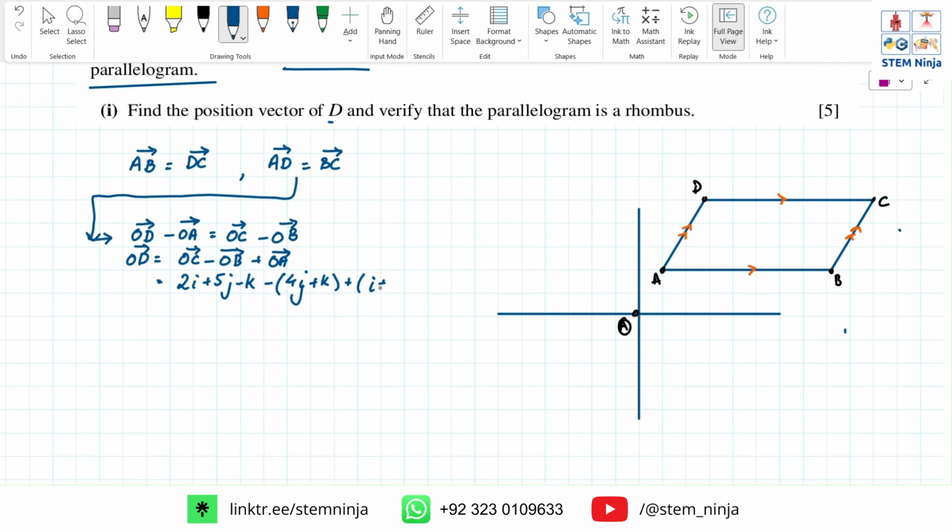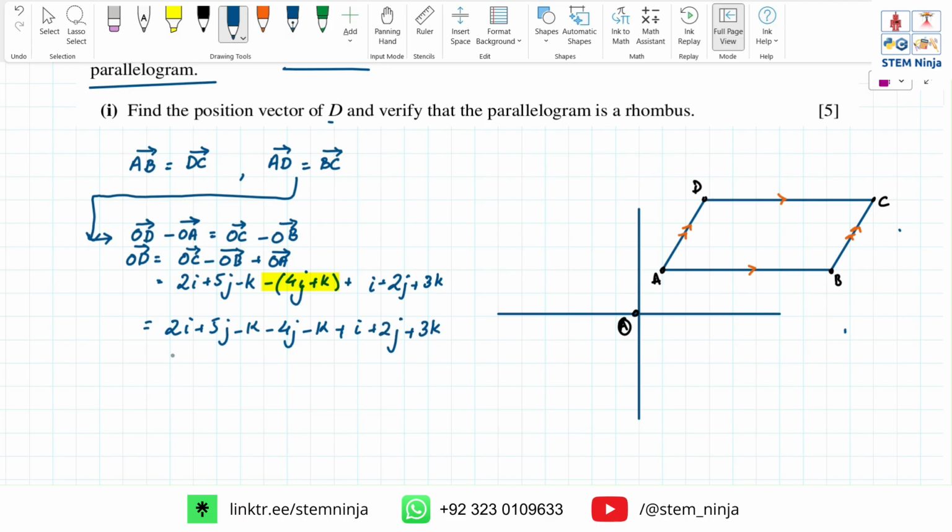So we don't need the brackets over here. To resolve this, we know the negative of a vector: the signs of all the components will be reversed. So 2i plus 5j minus k minus 4j minus k plus i plus 2j plus 3k.